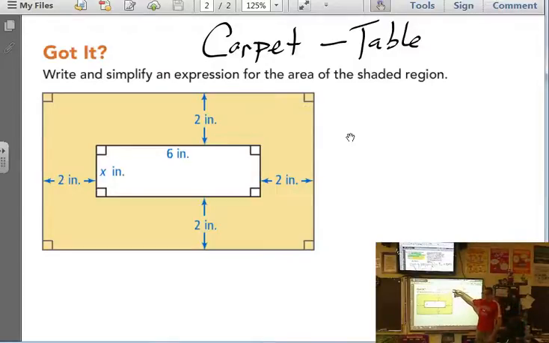So set this up. I'm going to give you a couple minutes to do it on your own. Set this up and try to solve an expression for the area of the shaded region.